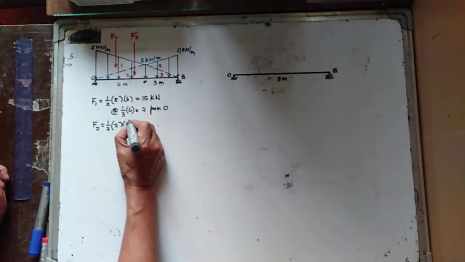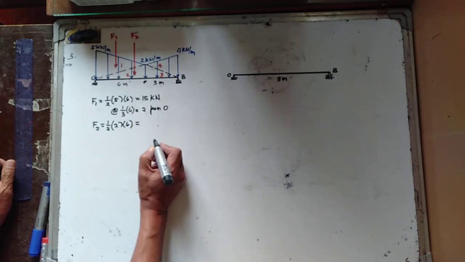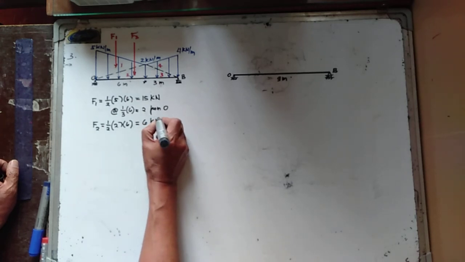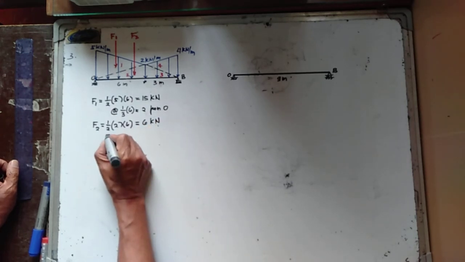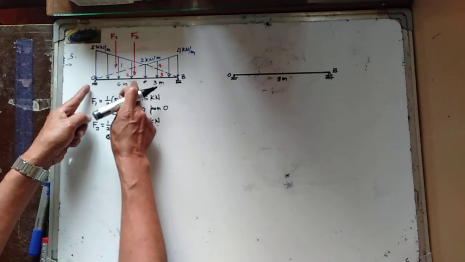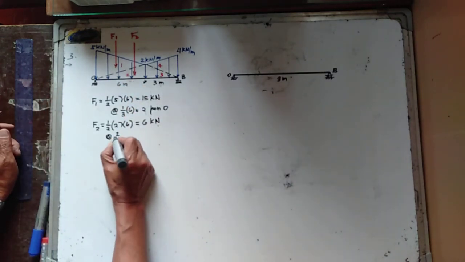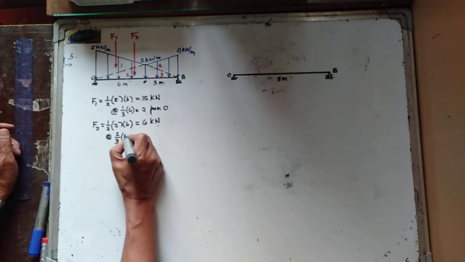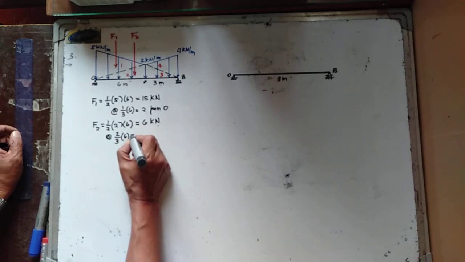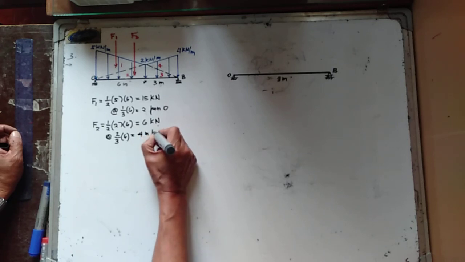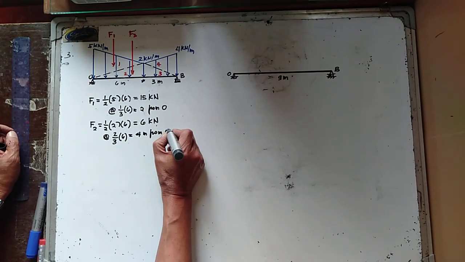Multiply this one by 6, or that one is equal to 6 kilonewtons. And this is now acting at 2/3 of 6. So that is 2/3 of 6, or this is equal to 4 meters from point O.